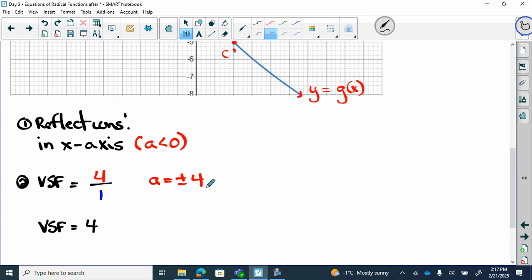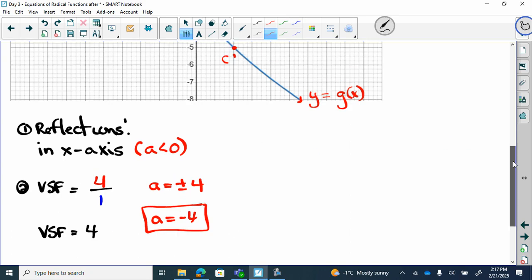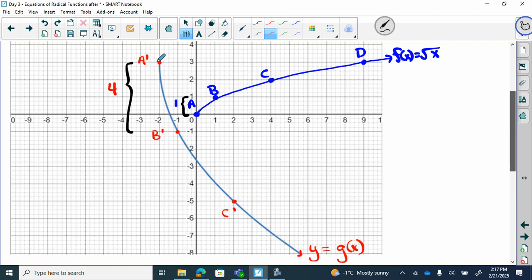Which one do I pick, positive or negative? Why do I pick a negative? Because it was reflected in the x-axis. Look up here. This is saying that a is less than 0. That's what I found in step 1. Now I just want to show you that I could get the same answer if I went from A prime to C prime, from 3 down to -5.